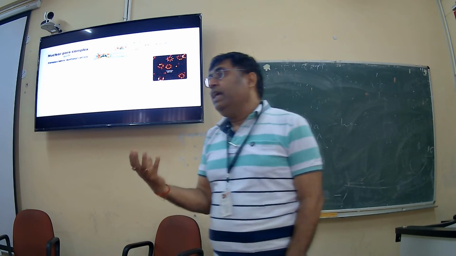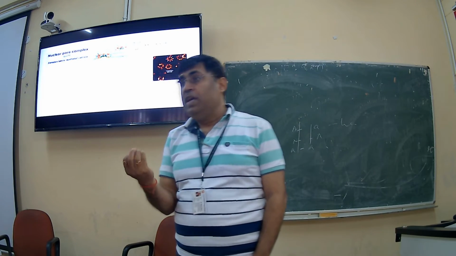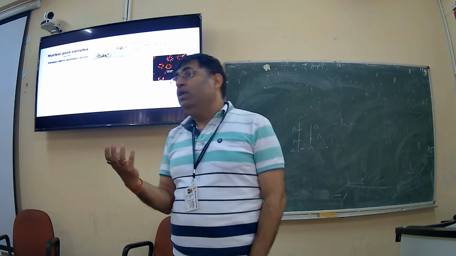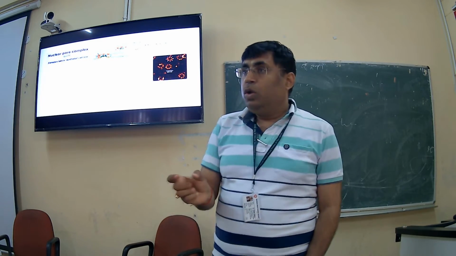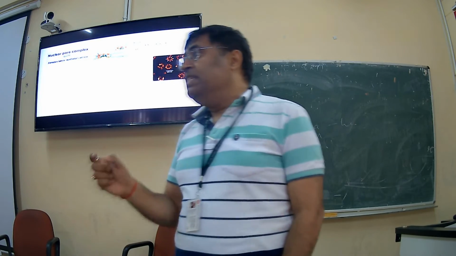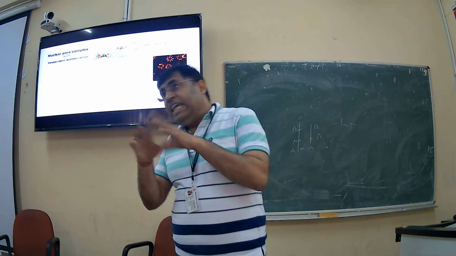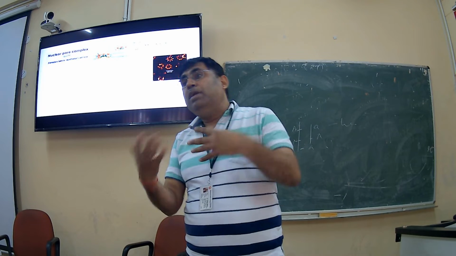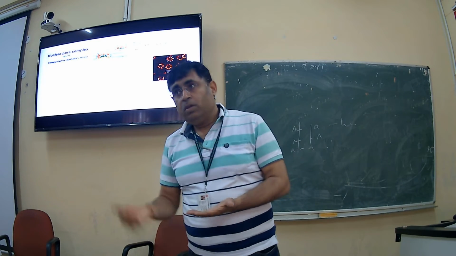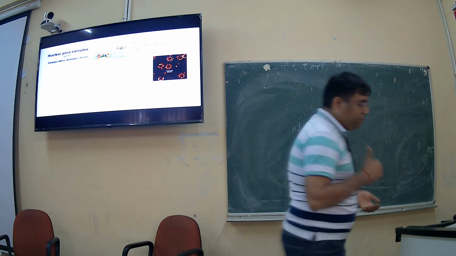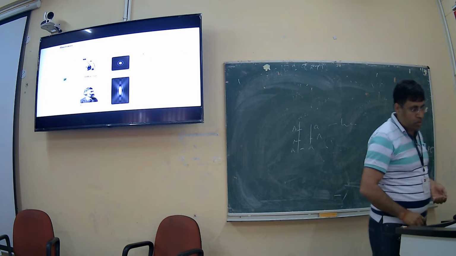So this is the unique thing about super resolution microscopy. Resolution is very, very good, so that you can go to a very low dimensional level and see different cell structures which you are not able to see using the fluorescent or confocal microscope. You got this point? This is the important point for the super resolution microscope.